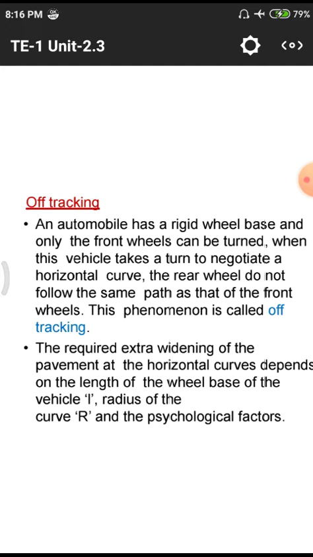If we are going to the left side, we need to move our steering in the left direction. To go in the right direction, we move it to the right. Only the front wheels are given accessibility. There is no accessibility to the back wheels.